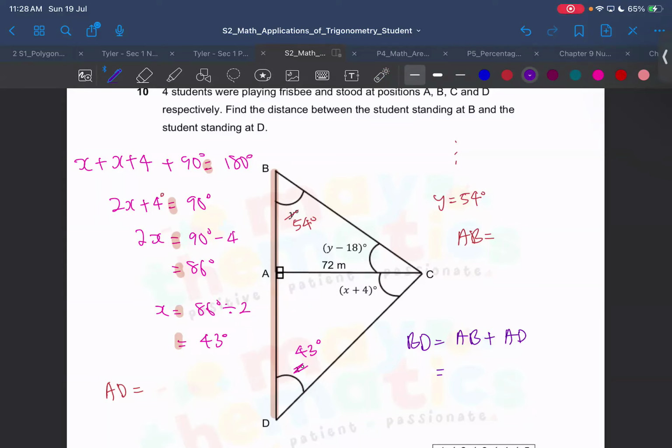Do you have this for the tangent 43, AD, 72? O over A. Not A over O.